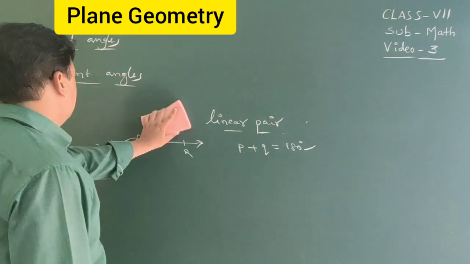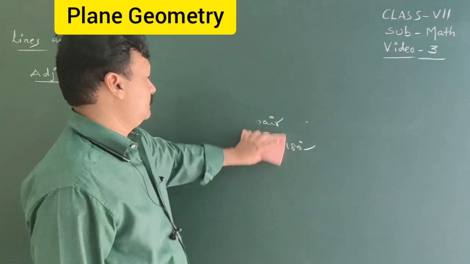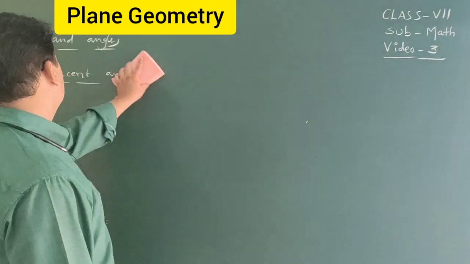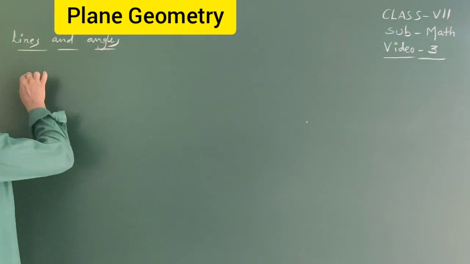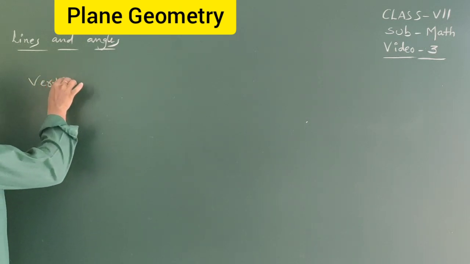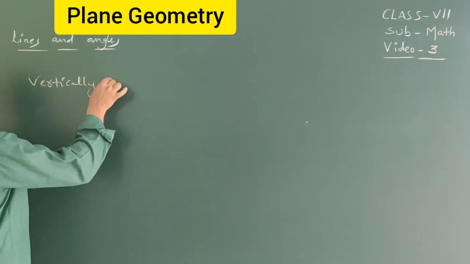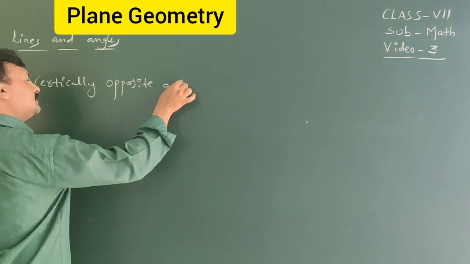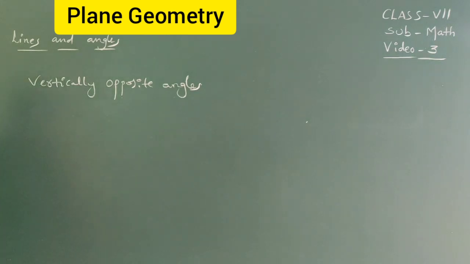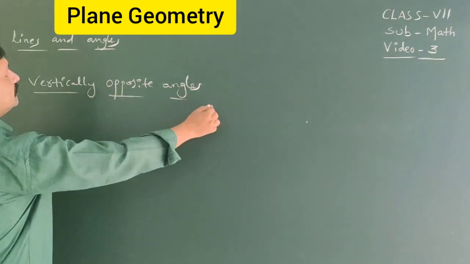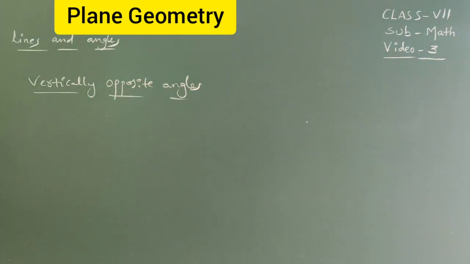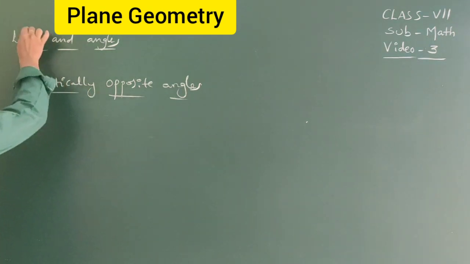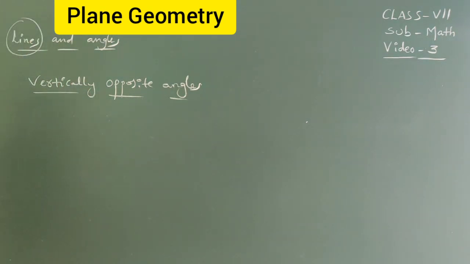Next, vertically opposite angles. Before we learn vertically opposite angles, first of all, the different types of lines in a plane.